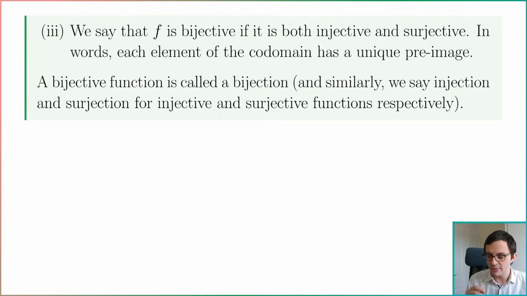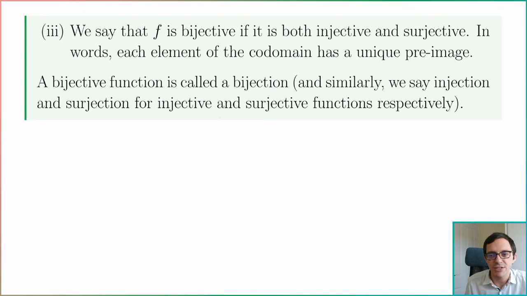And that's brilliant because for the functions we were talking about in the previous video, there might be all sorts of nonsense in the codomain. We don't know if that's got a pre-image or not, or the pre-image could be loads of things. So each element of the codomain having a unique pre-image is kind of two claims, that each element has a pre-image and that pre-image is unique.